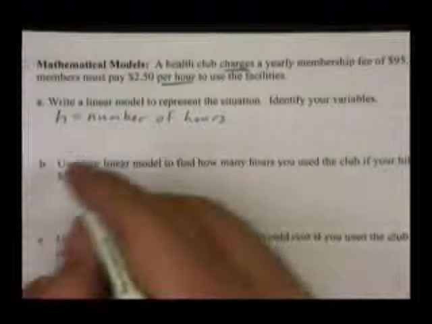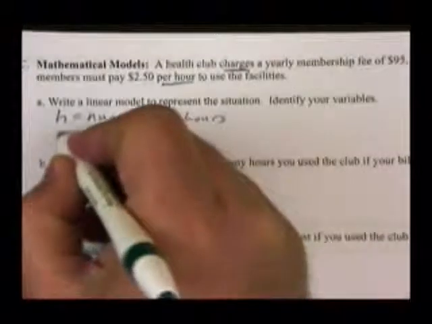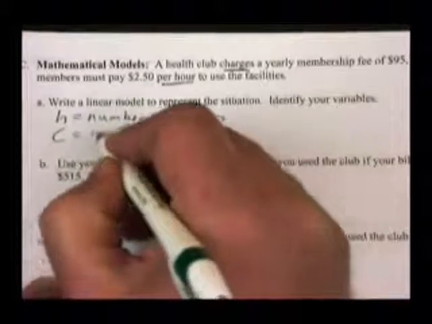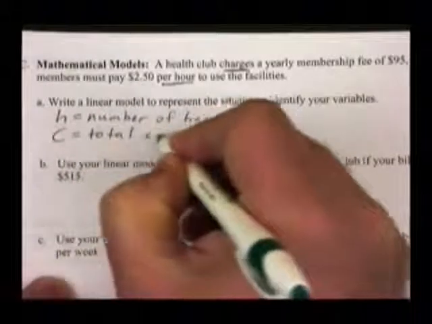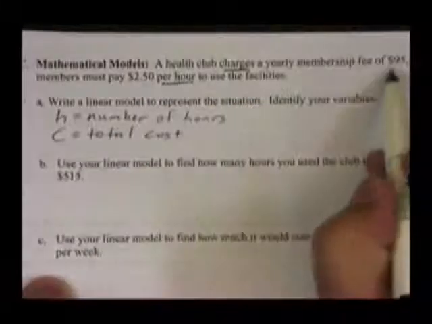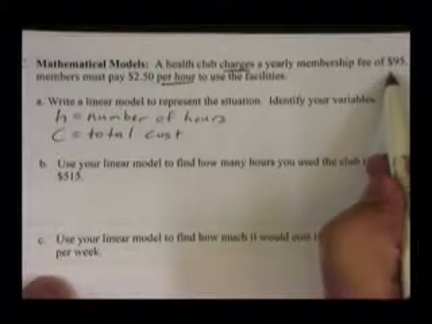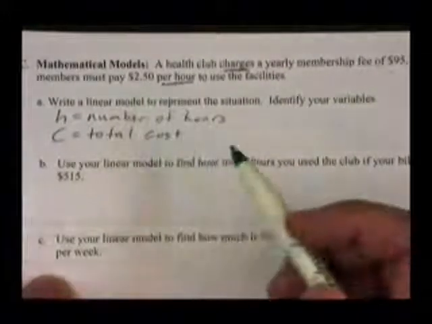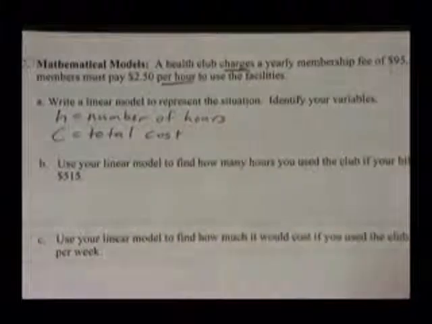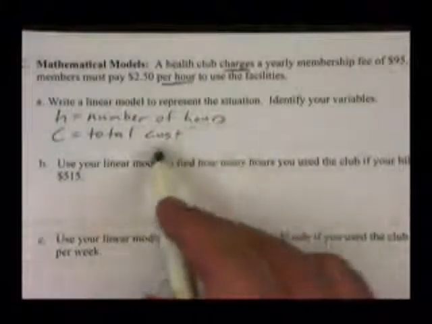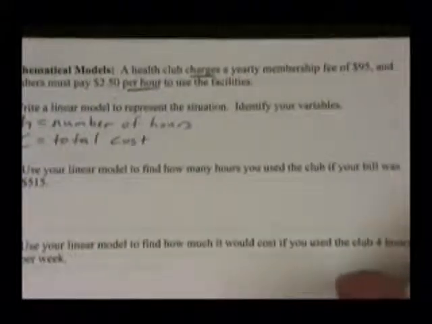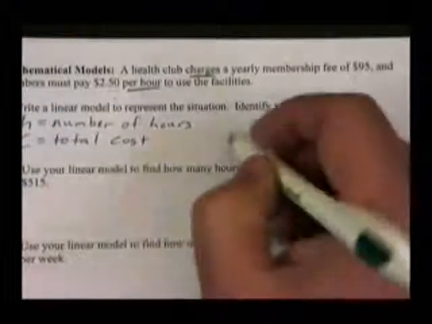Then we're going to say that C is our cost, and we're going to say that it's our total cost, because we have two costs here. We have our membership cost of $95, and we have our cost after we have paid for the hourly use. So those are our variables, and you always want to start by identifying your variables. Once you've done that, then you can figure out how you're going to come up with that total cost.